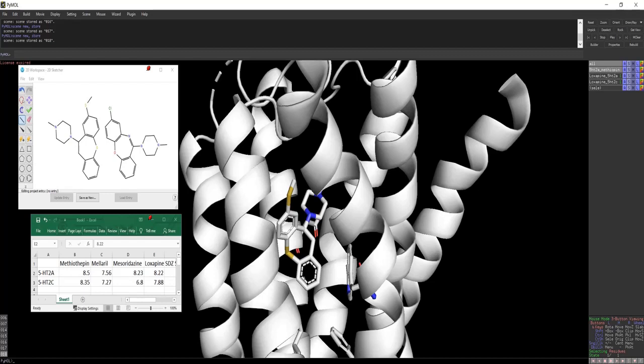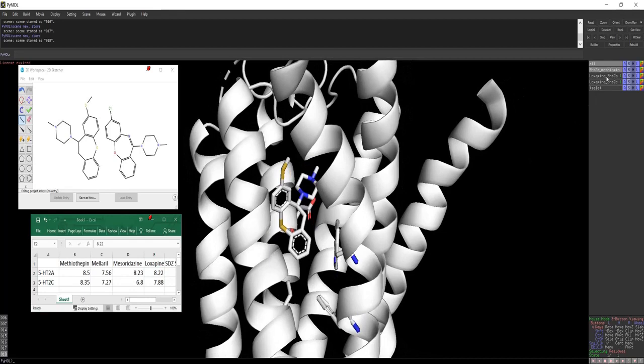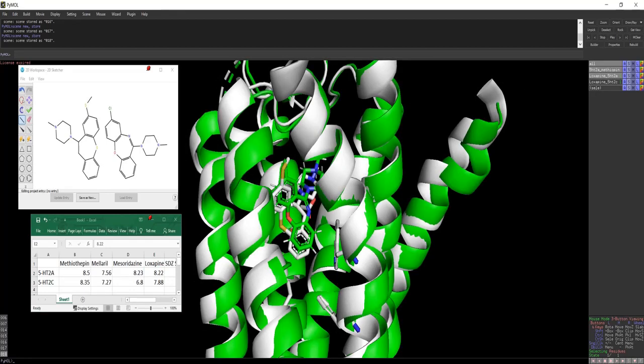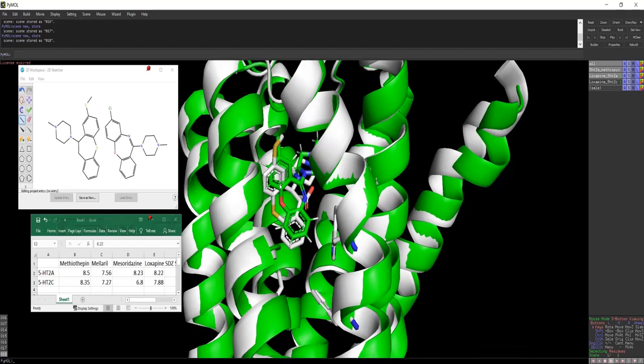Let's look at another antipsychotic now, loxapine. You can see it's structurally similar to methiopepine. And in terms of affinity, it does bind slightly tighter to 5-HT2A. Now, if we look at the docked structure of loxapine to 5-HT2A, we can see it does slightly shift to the right, but overall, it does bind relatively similarly.